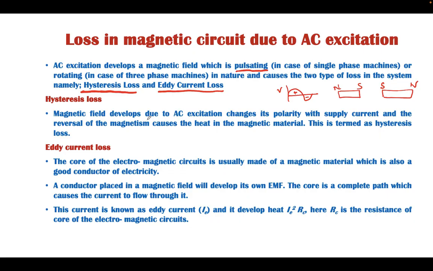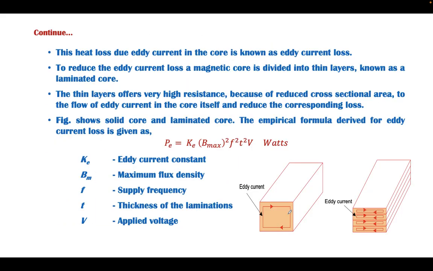Hysteresis loss occurs due to the reversal of magnetism, whereas eddy current loss occurs due to the eddy current circulated within the core itself, and hence these losses are counted as I square R c, where Rc is the resistance of the core of the magnetic circuit.